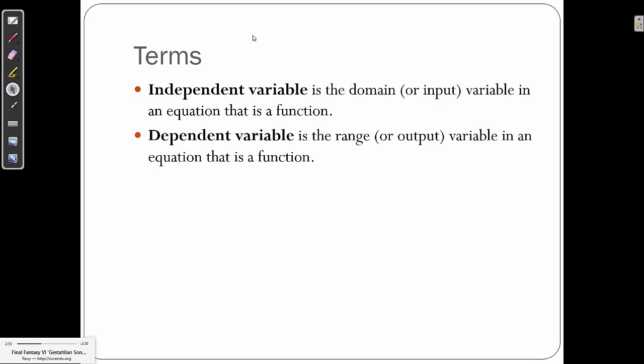Then, dependent variable, you might guess, is the range or output variable. So that's usually going to be y. We'll actually have a notation for functions later that specifically indicates what the input variable is, since that's pretty important in a given function. Let's look at some equations.